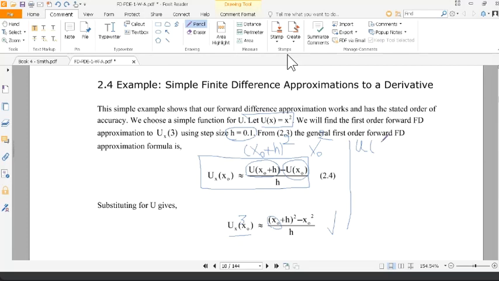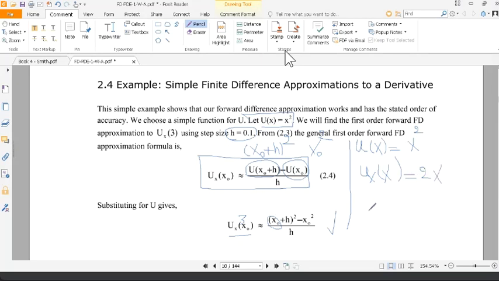What about u_x(x), the first derivative of u with respect to x? It is equal to 2x, okay?